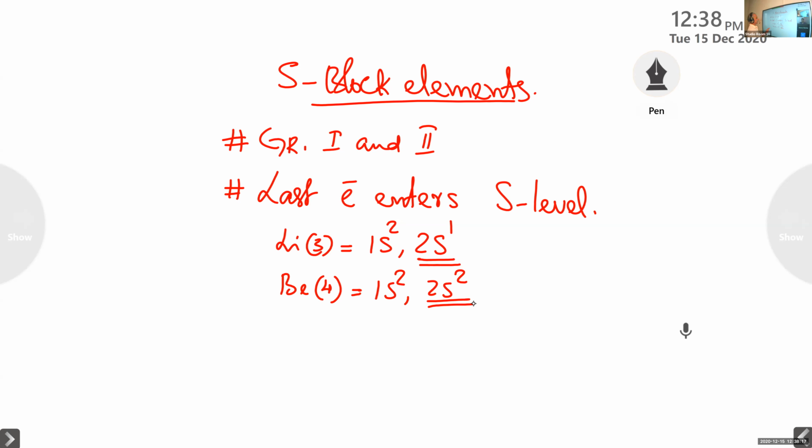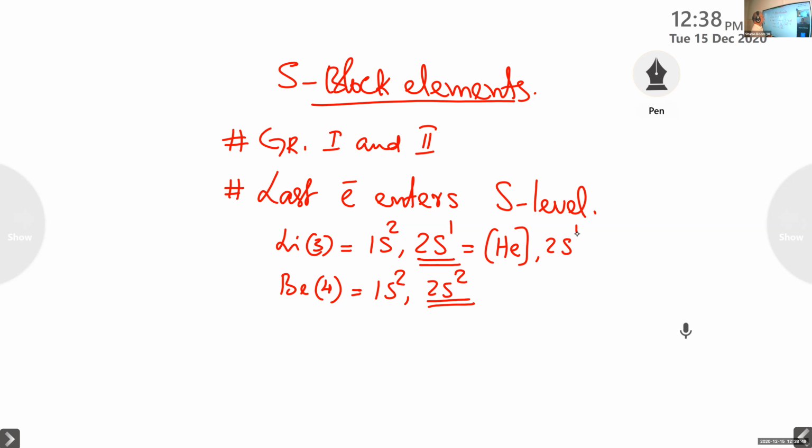Now you come to the inner core. For example, you take lithium. The inner core of lithium is 1s2. 1s2 is the electronic configuration of the nearest noble gas, helium. So helium, then 2s1.